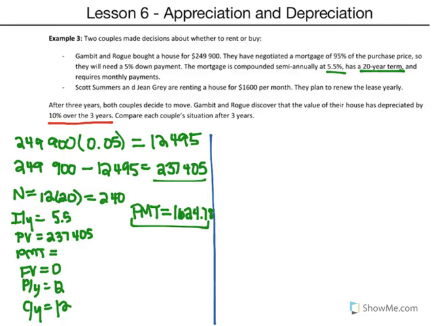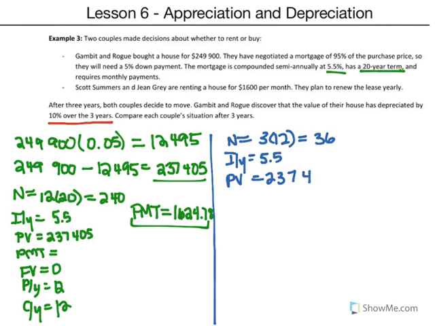So our N now is our mortgage payments, 12 payments per year for 3 years is 36 payments. Our interest rate is still 5.5. Our present value is how much that was worth, so $237,405.